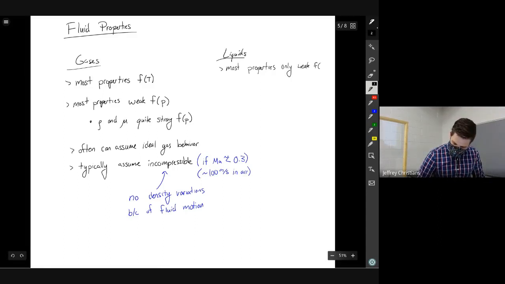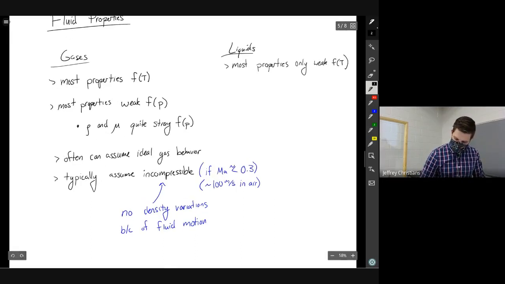For liquids, most properties are only a weak function of temperature. The exception to that is viscosity.